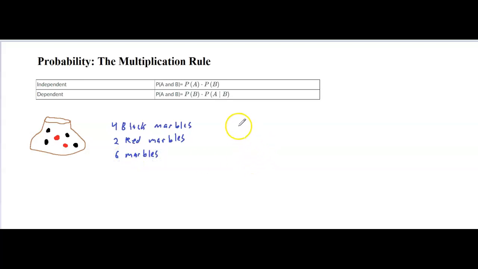Okay, so let's look at an example where we're going to use the multiplication rule for independent events. For a lot of these, choosing marbles out of a bag or people out of a group, we say that this is with replacement. And that'll make more sense as we go through the example.